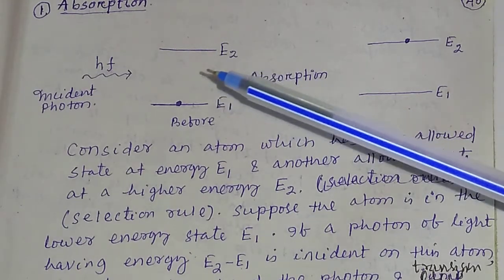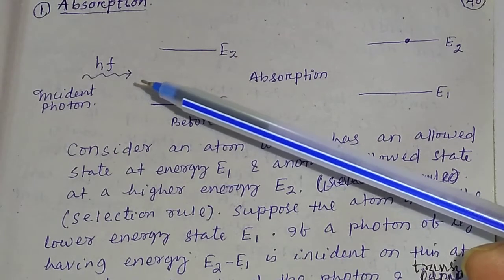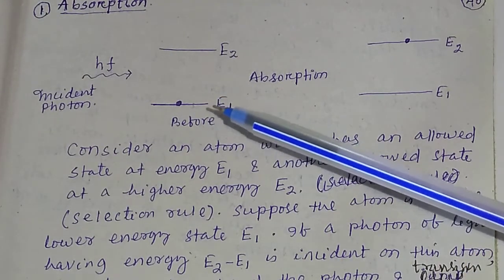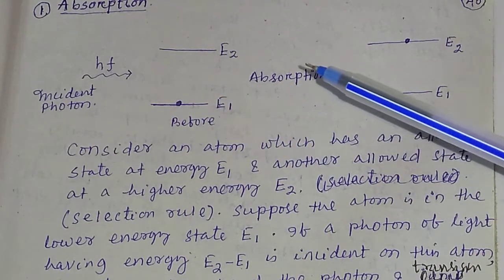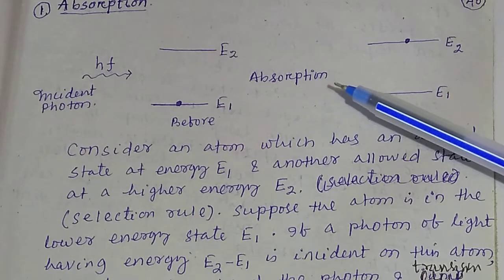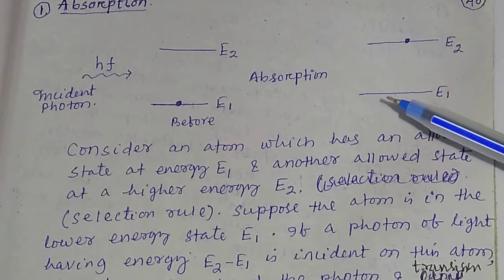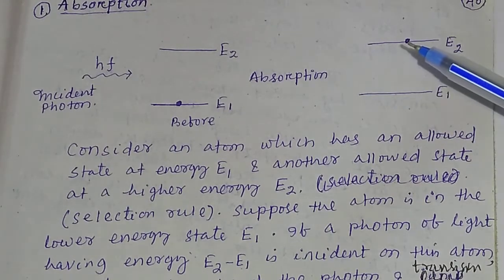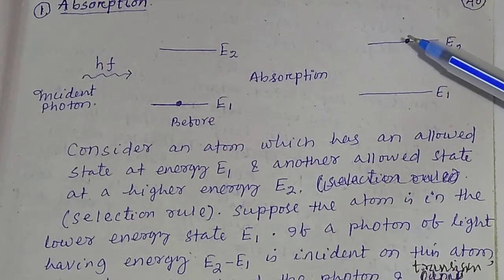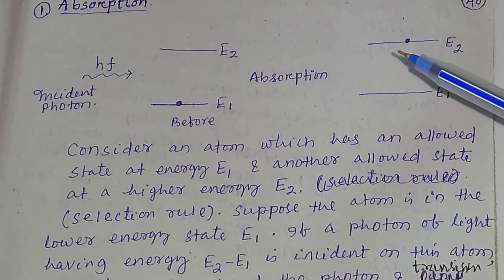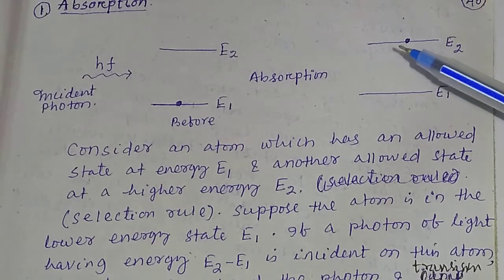You have two states, E1 and E2, where E2 is the higher energy state of the atom.